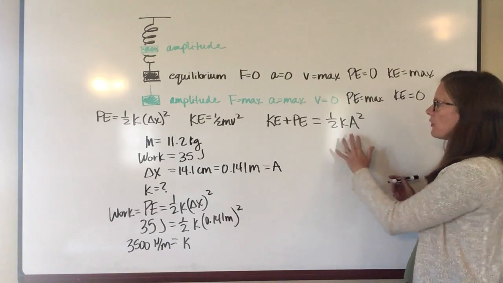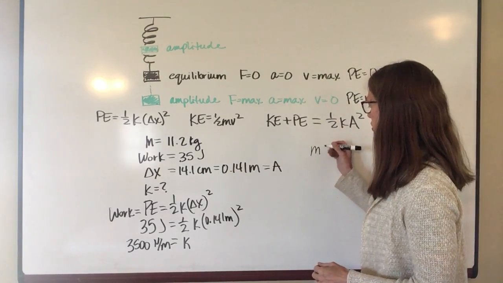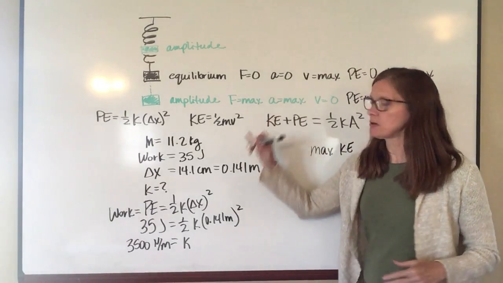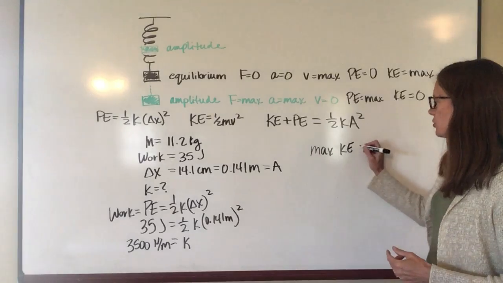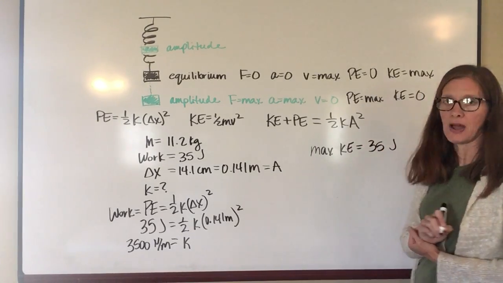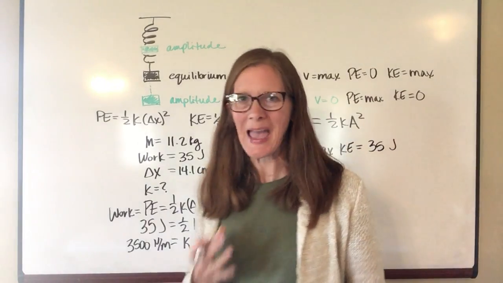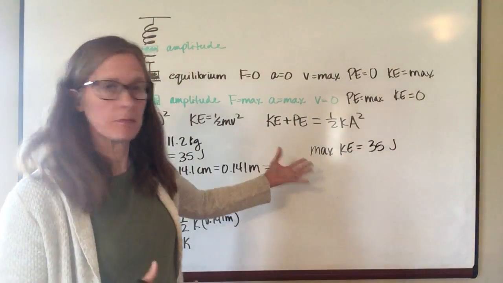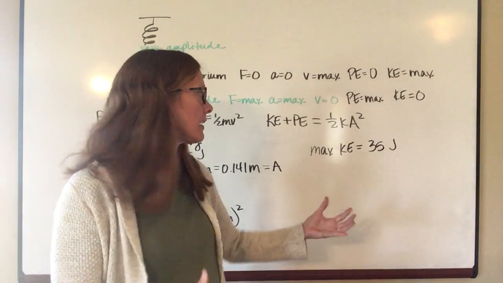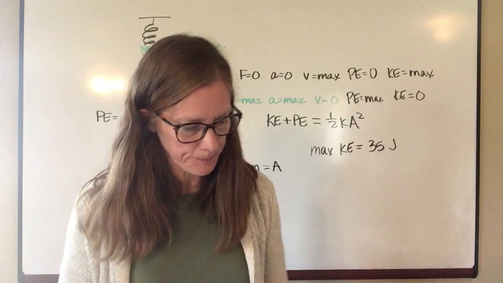So therefore, the maximum kinetic energy is going to be the same as what the potential energy was at the amplitude. So therefore, the maximum kinetic energy is also going to be 35 joules. So I don't really have to calculate that out. I can just use my head and say, well, if all the potential is going to go to kinetic, then that's what it's going to have to be.